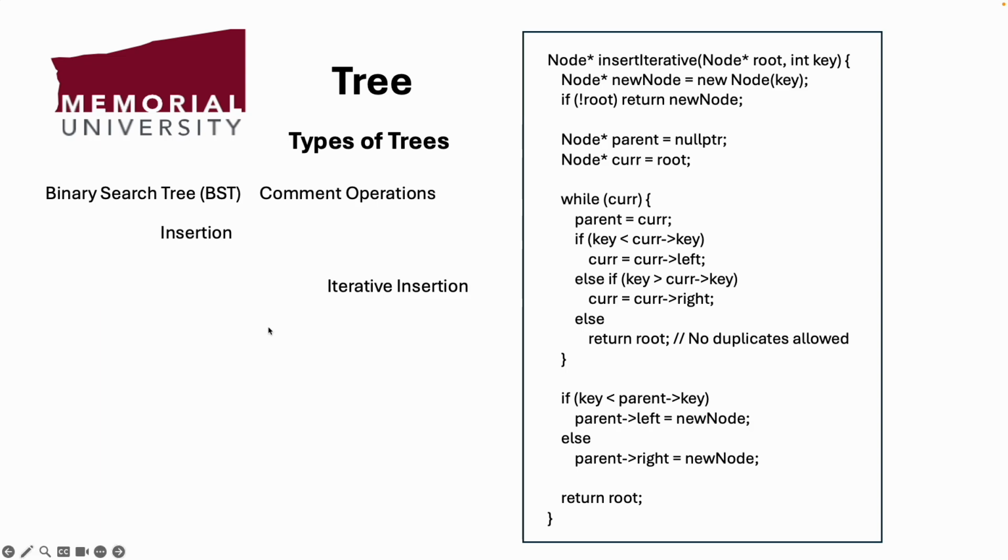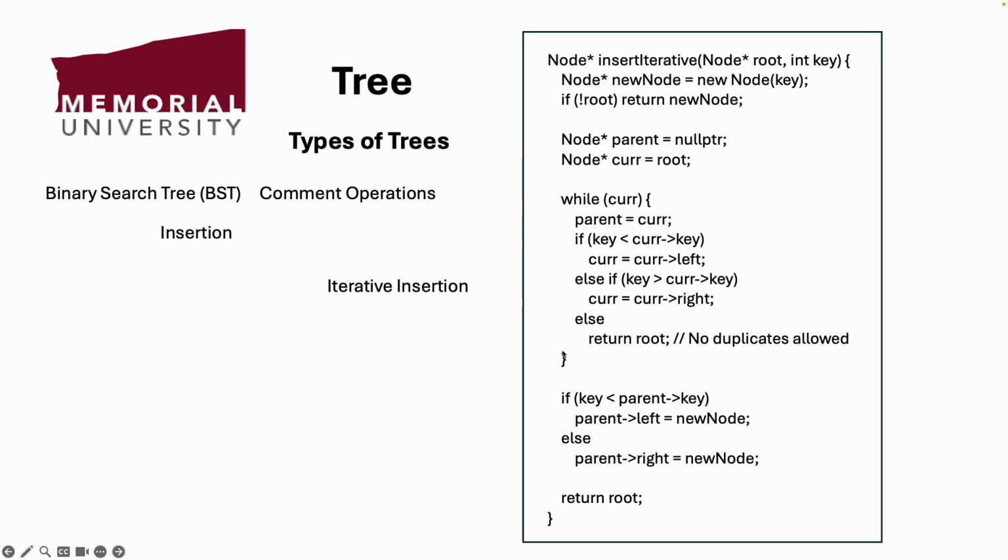This is doing the insertion in an iterative way. In the iterative way, first, if this tree is empty, we just return the new node. This new node is created from the key itself. Otherwise, we need to define the parent node and the current node.